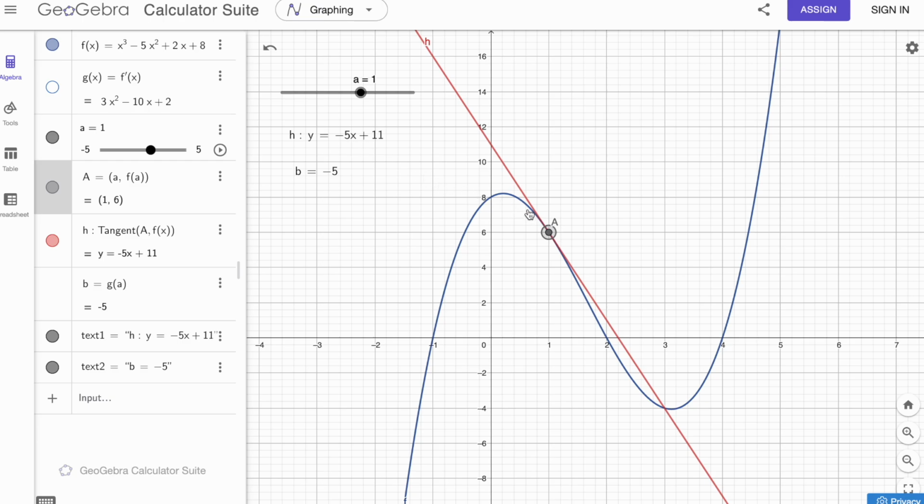So the slope of the tangent when x is 1 shows you the slope of this polynomial function when x is equal to 1. And this is the equation of the tangent at this point when x is equal to 1, which is -5x plus 11. The slope is -5.